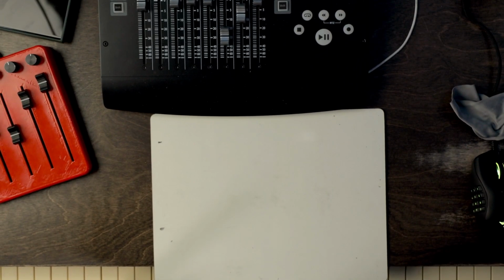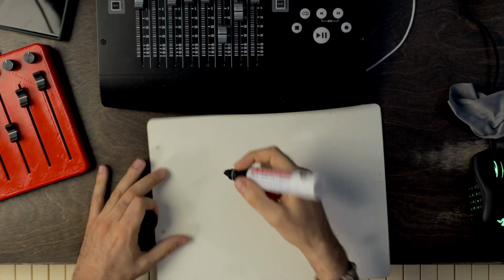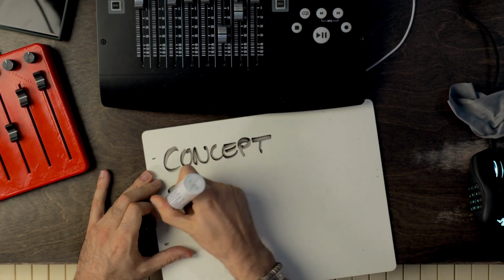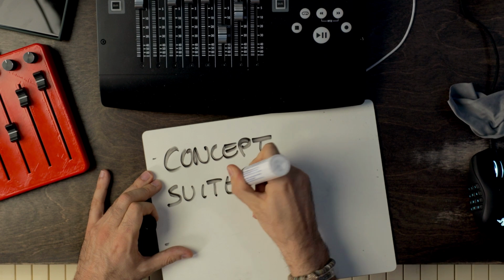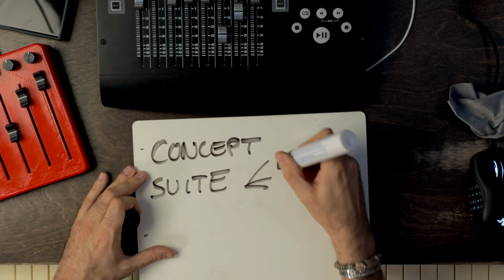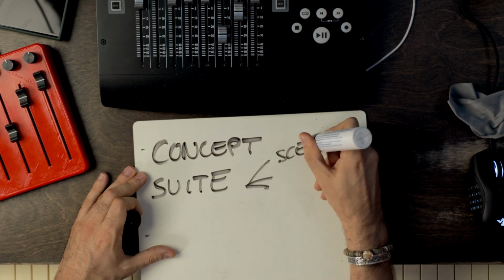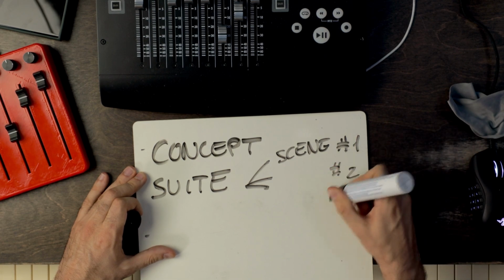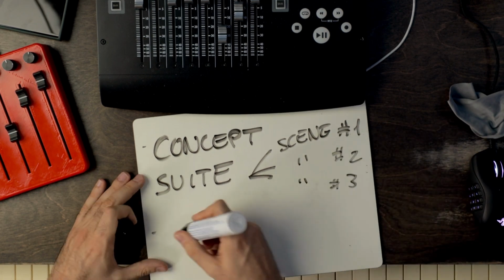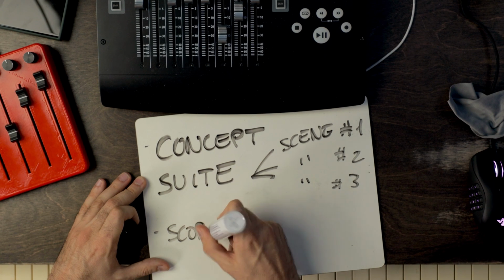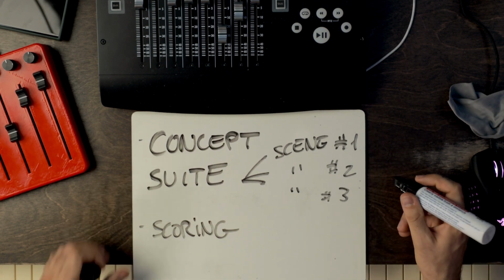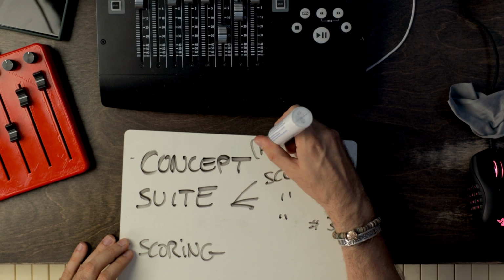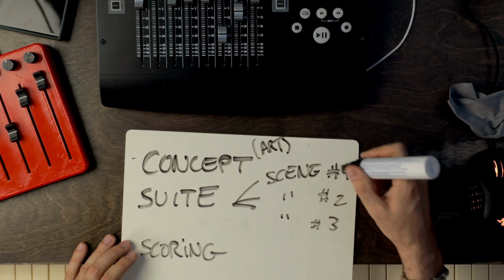So when I'm doing a movie, first there is the concept, then the suite, then break into scenes 1, 2, and 3, and then scoring. So this is where art and inspiration comes in.